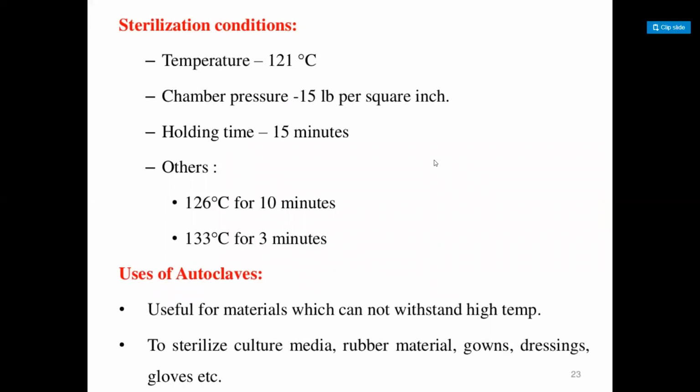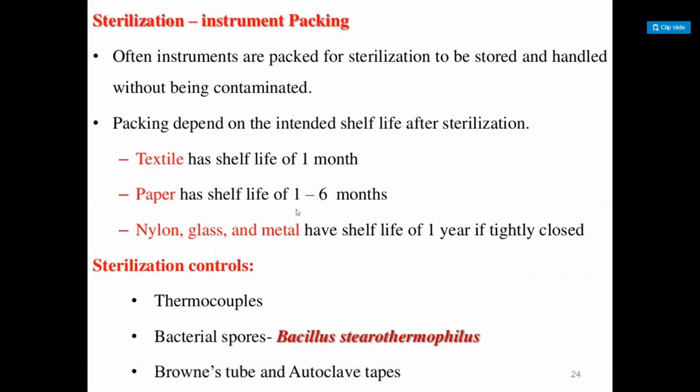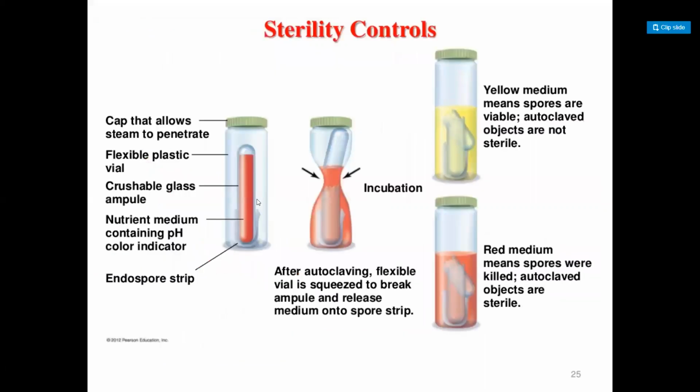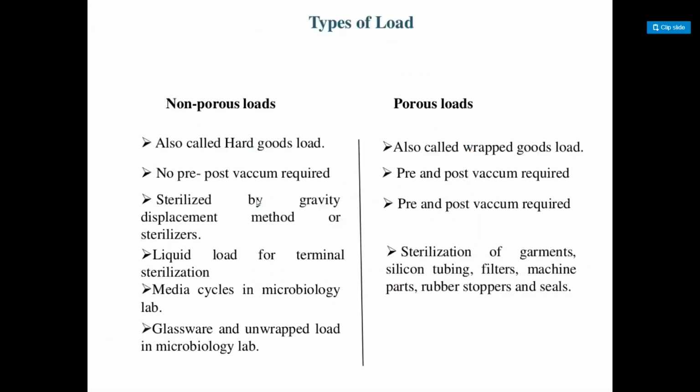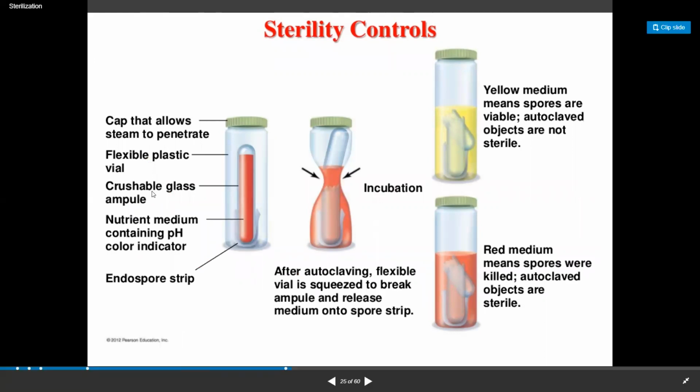Now sterilization conditions, I have already mentioned: 121 degrees Celsius, 15 lb pressure. Then materials, rubber, culture media, and everything can be sterilized using autoclaves. Sterilization can also be done, but you have to package the samples before sterilization. Textile, paper, nylon, glass, all these things can be done. Now sterility controls. Sterility controls are nothing but how the sterility can be measured.